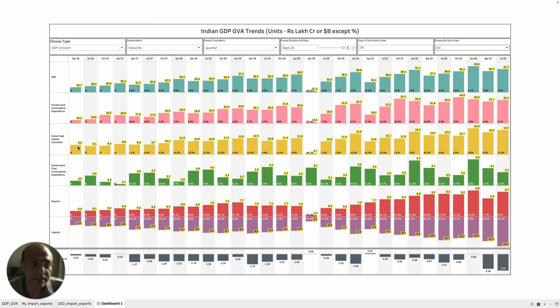Then the biggest positive point here is gross fixed capital formation, which is showing a rising trend. It is much better than private sector consumption expenditure. If you look at these numbers, it is much better than what we are seeing here, because here it is 23.7 in the July quarter of FY23. It's not a very significant growth.